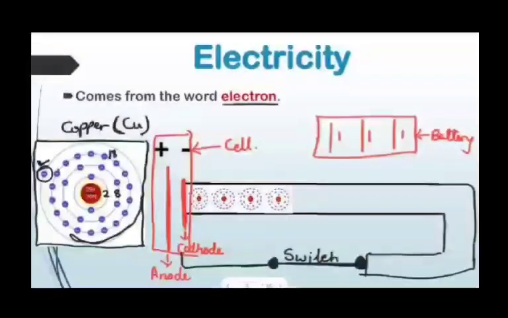Once the circuit is formed, children, this negative electrode, or the cathode, gives a push to this single electron. How does it give a push? This is negative, the electron is negative, so there's a repulsion force.